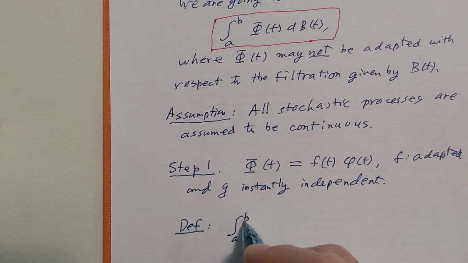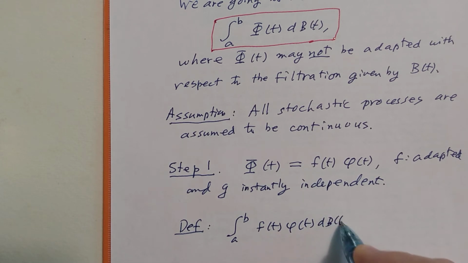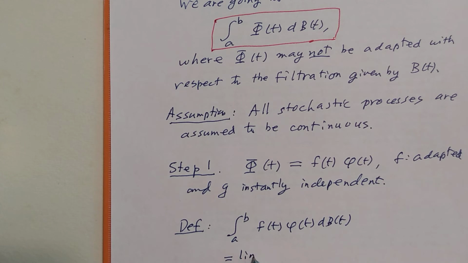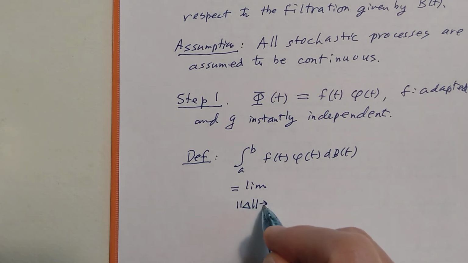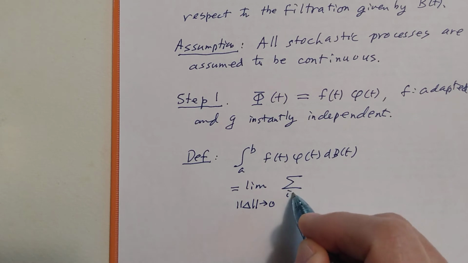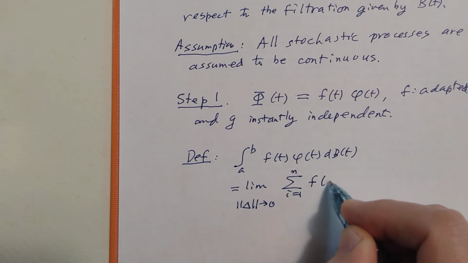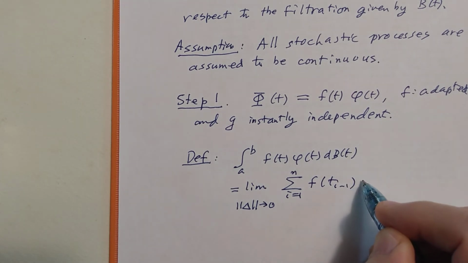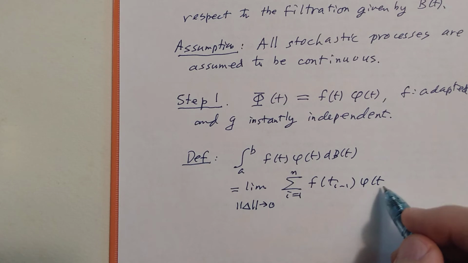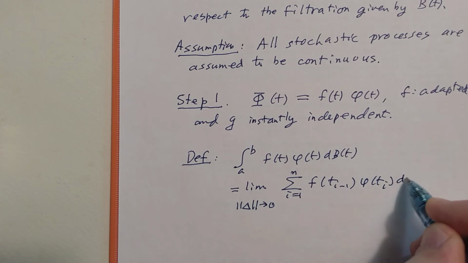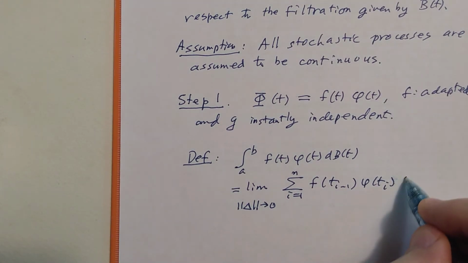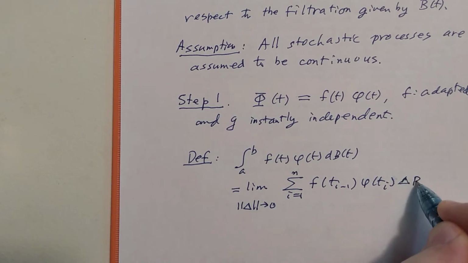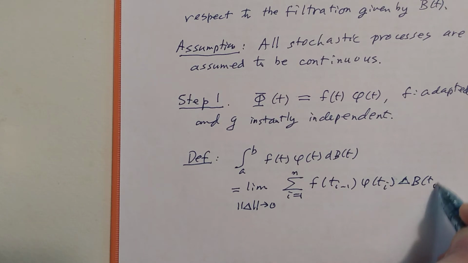The integral from a to b of f t phi t dBt is defined to be the limit as the mesh of the partition goes to 0 of the Riemann-like sum, i from 1 to n, f evaluated at the left endpoint t sub i minus 1, and phi t evaluated at the right endpoint t sub i, and then the Brownian motion increment on the interval from t sub i minus 1 to t sub i.